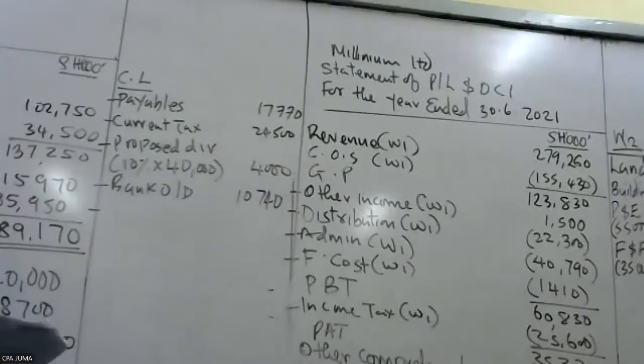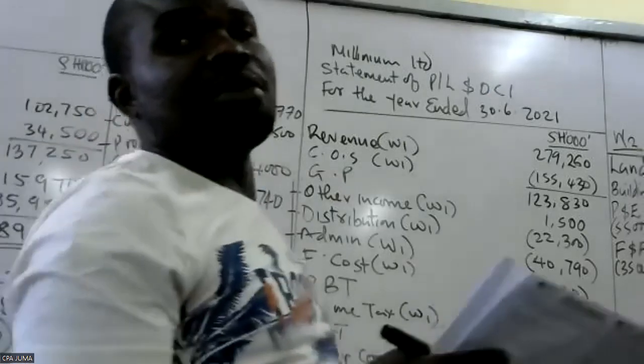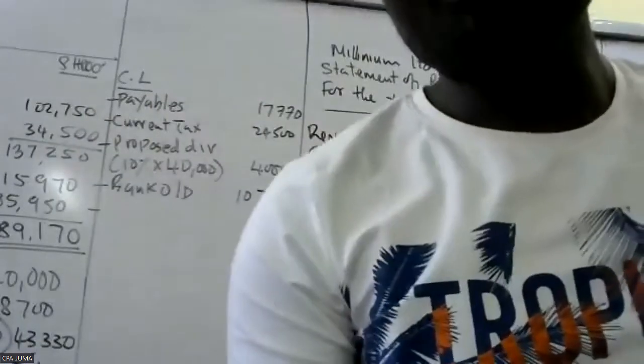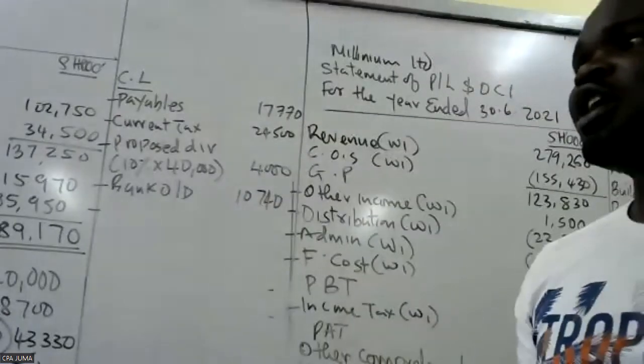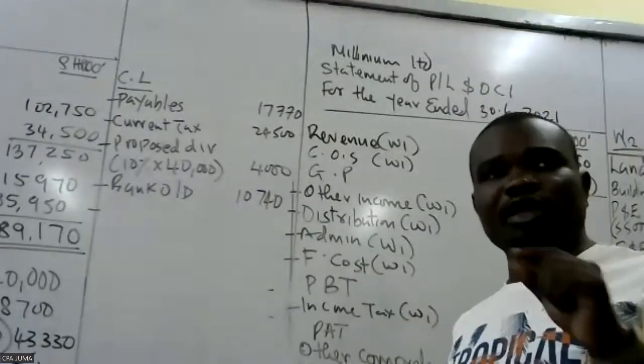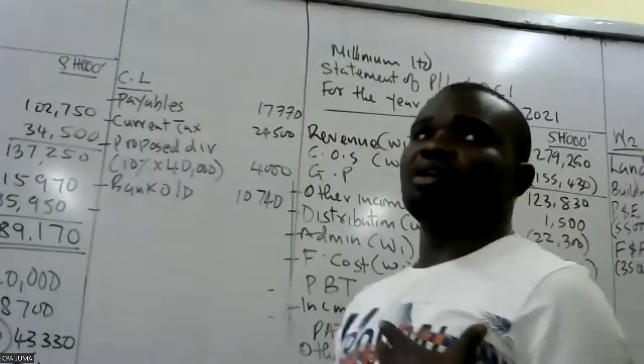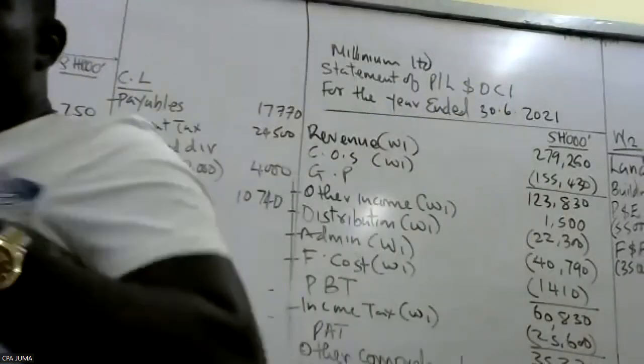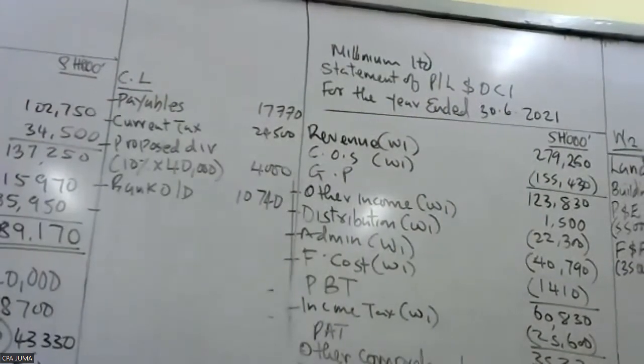Then you see your dividends, your preference. Preference dividends, can you check preference dividends in the allocation? There in the schedule. Let me see how much it was. Then we check in the trial balance they paid how much.